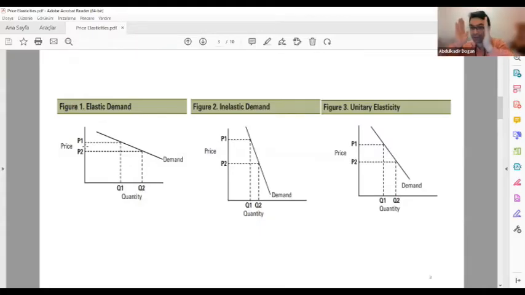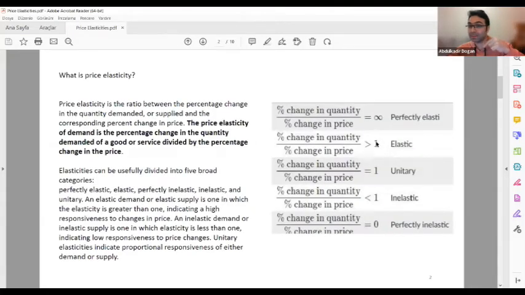It is closer. So if this percentage is greater than this one, what I have is percentage change of Q is 2 and this is less than 2. So I am dividing 2 by a number less than 2. This is greater than 1, right? This is exactly greater than 1 because percentage change in Q is greater than percentage change in price.